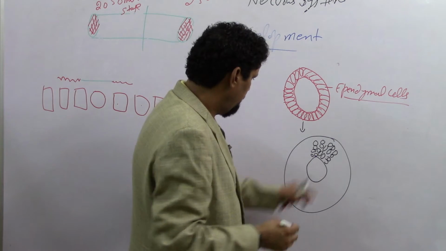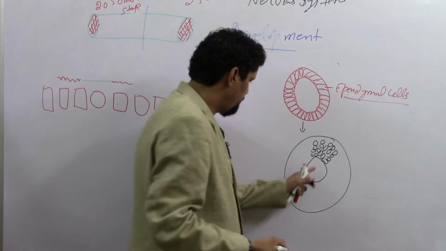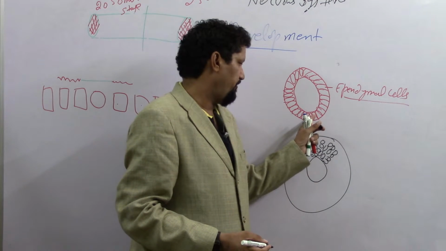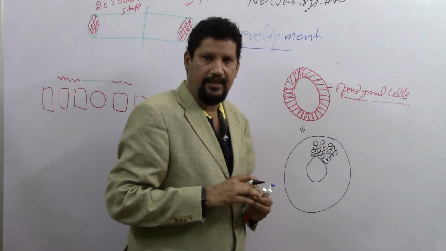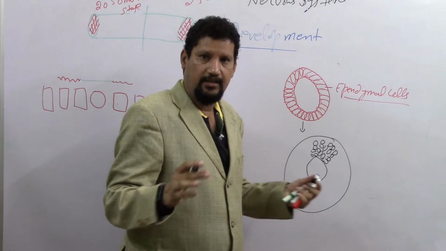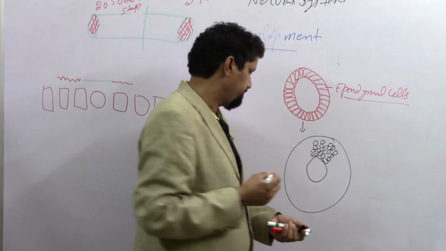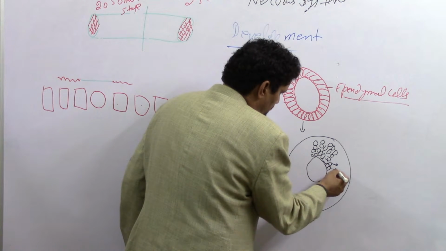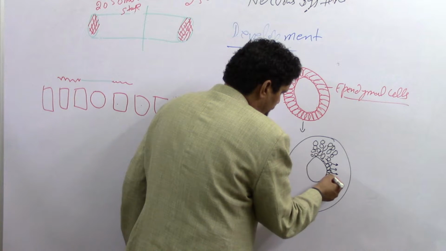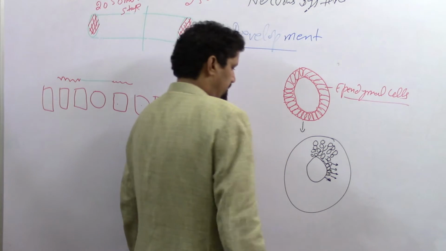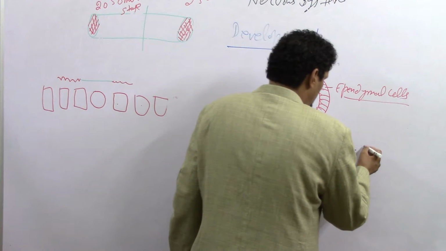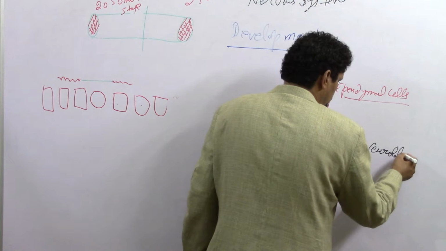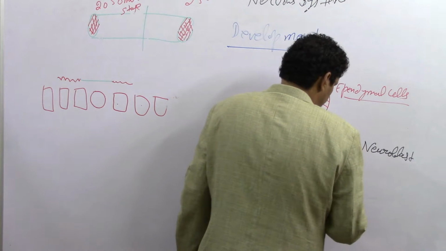These cells which were columnar will form pseudo-stratified cells, and as time passes by, these cells of the ependymal zone will multiply and migrate outward to form two types of cells. So cells migrating outside divide and migrate, divide and migrate. These cells are of two types. One is neuroblast and the other is spongioblast.